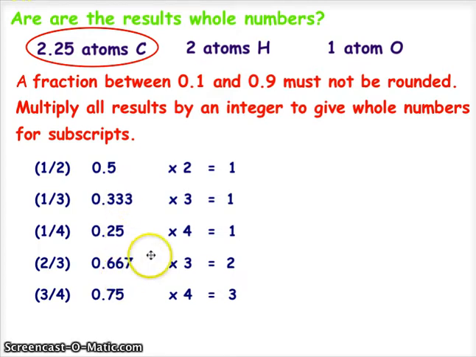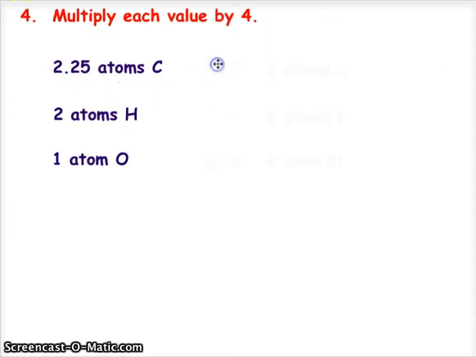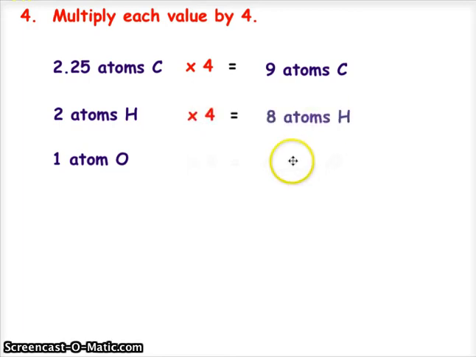So what we're looking at is giving ourselves whole atoms by multiplying by a factor that changes the decimal to a whole number value. So in the case of 2.25 atoms of carbon, we need to multiply by 4. That's going to give us 9 atoms of carbon, 8 atoms of hydrogen, and 4 atoms of oxygen.